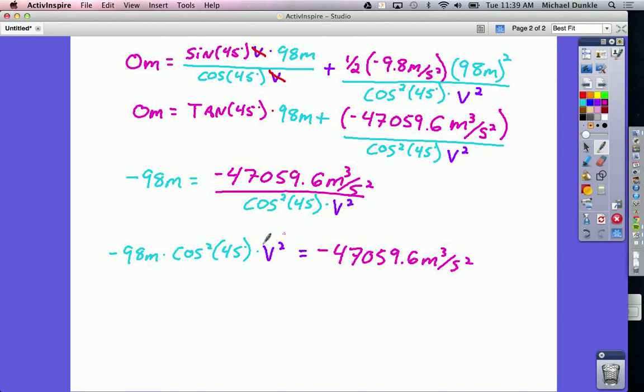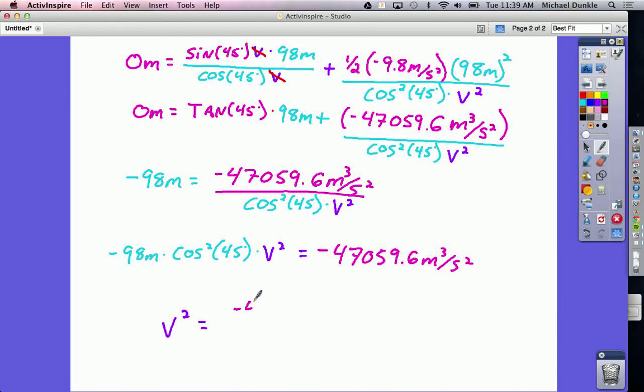And now we're trying to solve for the velocity, so I'm going to get rid of my 98 and cosine 45. Move that back over to the right, make it a little bit easier there. And we will be left with just the velocity we want. And we just have to do the square root in order to find it then. So I'm going to move my 98 and cosine squared 45 to the other side.